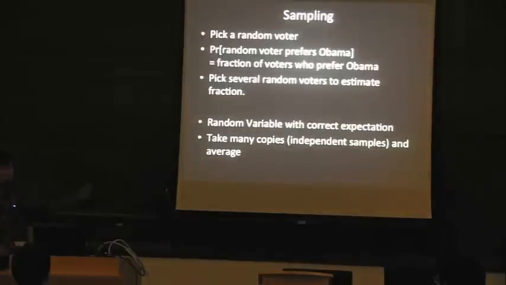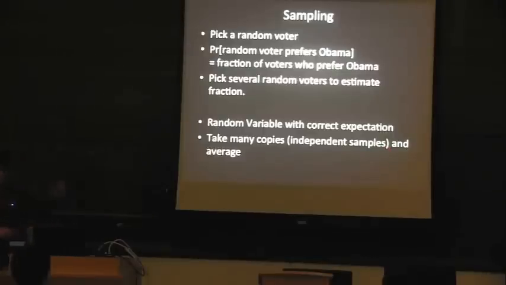You take many independent samples of this random variable, and you average. Because this random variable has the right expectation, once you take many copies, the expectation of the average is exactly what you want. But the point is that by taking many copies and averaging, you get tight concentration.